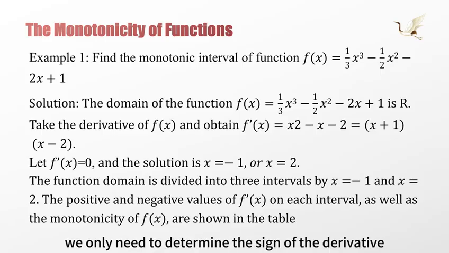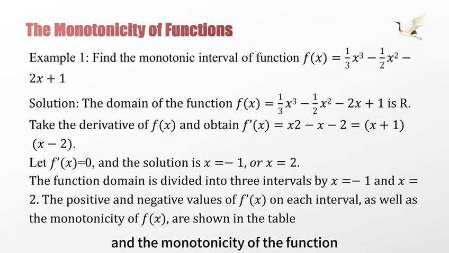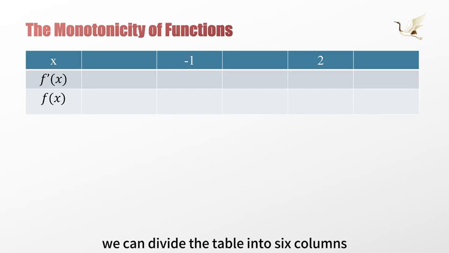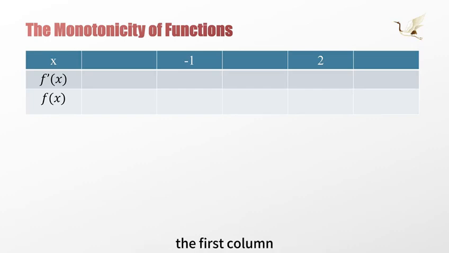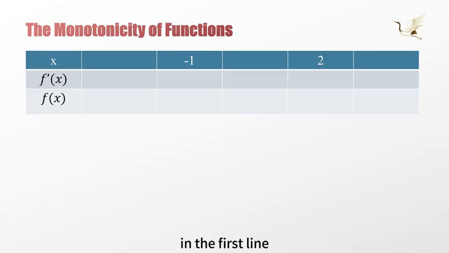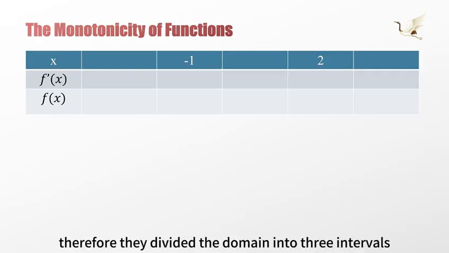We only need to determine the sign of the derivative on each interval, and the monotonicity of the function can be presented clearly in a table. We can divide the table into 6 columns. The first column indicates the content represented by each row. In the first row, let's first fill in the values of x. Because -1 and 2 are the zero points of the derivative, they divide the domain into 3 intervals.